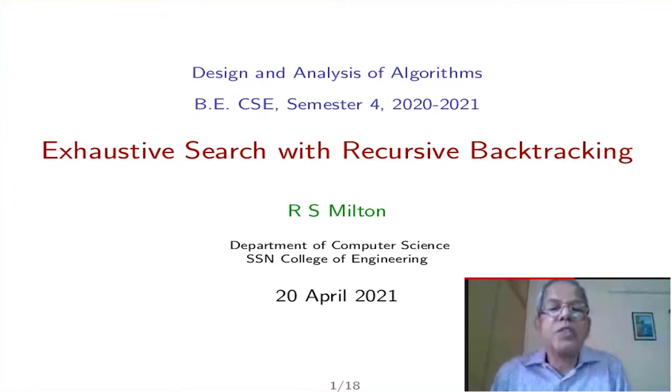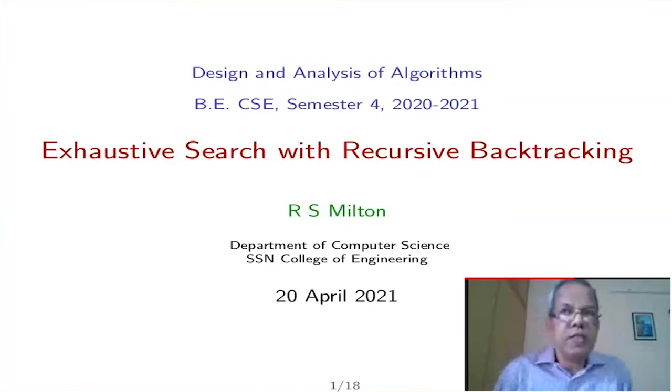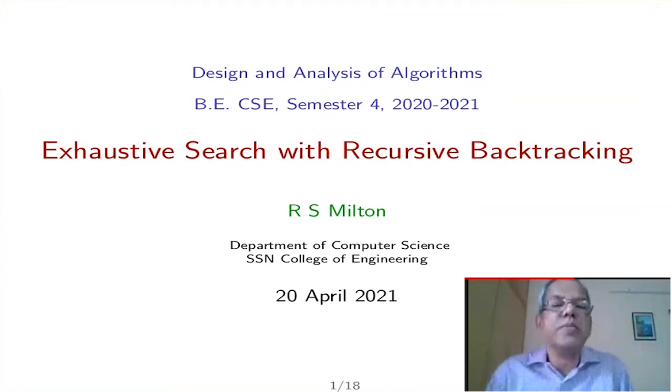The source vertex is S, and there is another vertex V. If there is a path from S to V, then we say that S and V are connected, or V is reachable from S.